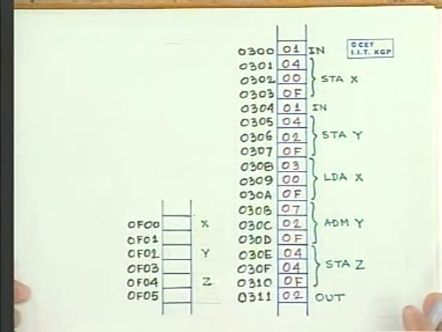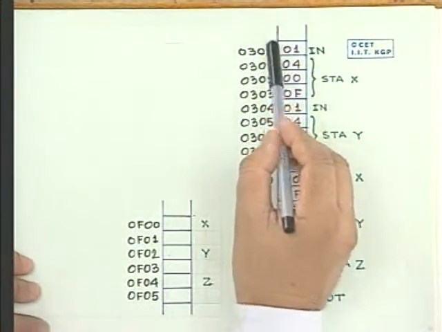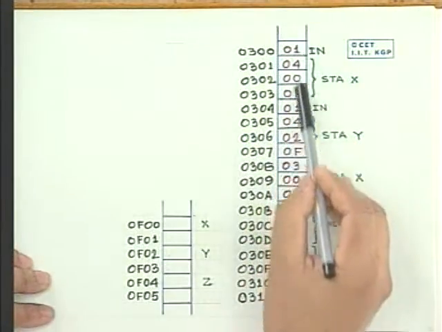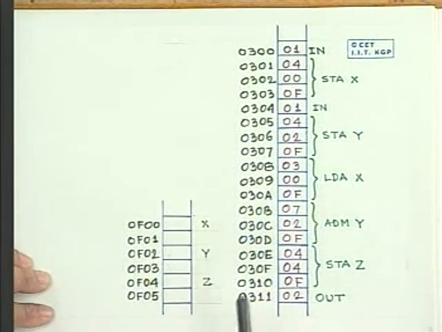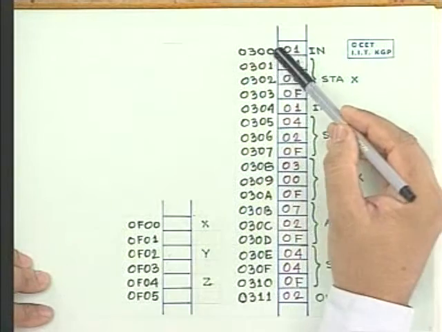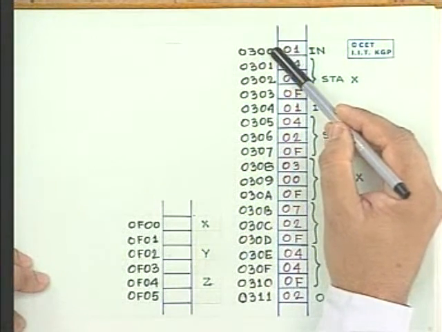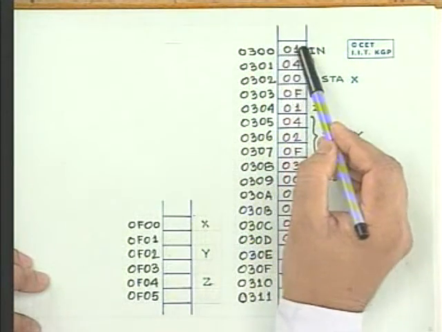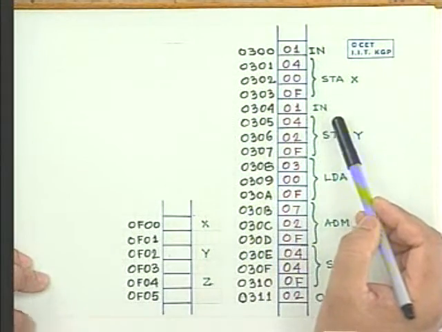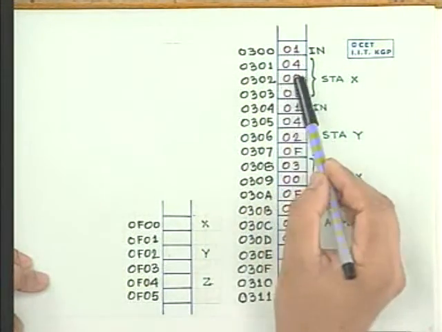Let me repeat once more that I have assumed that this is a byte oriented memory. That means every byte has an address and every byte is addressable. Of course, if we want, we can fetch one word also.